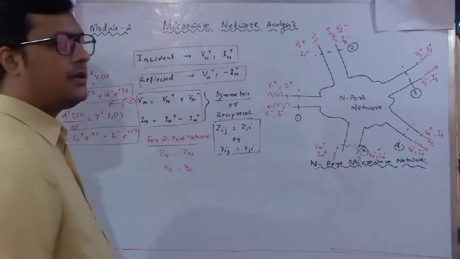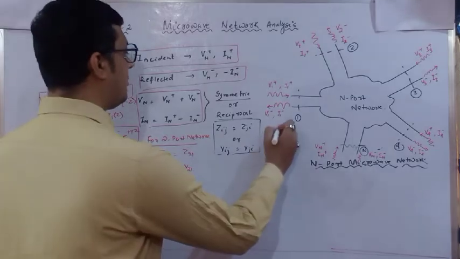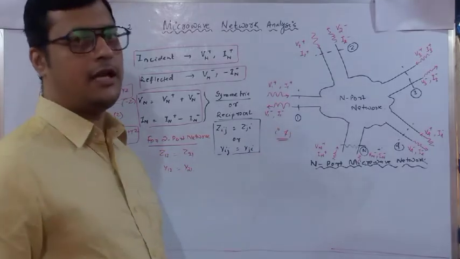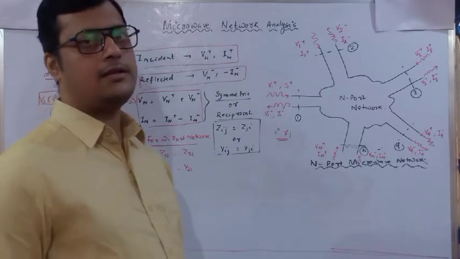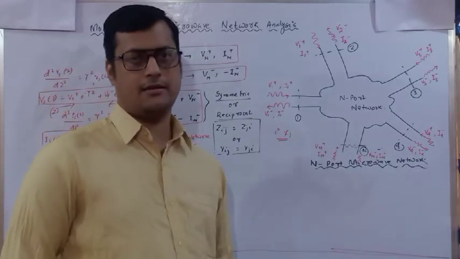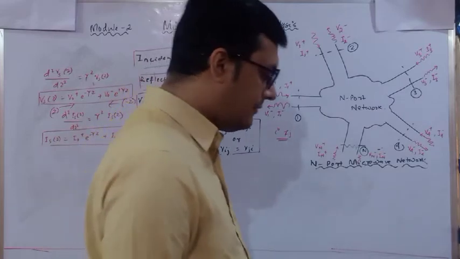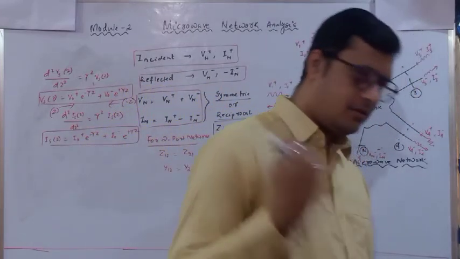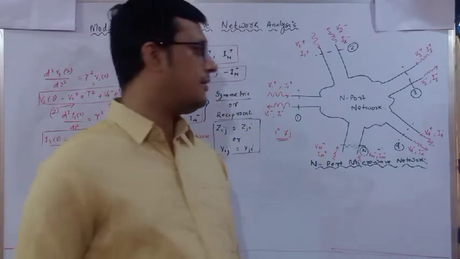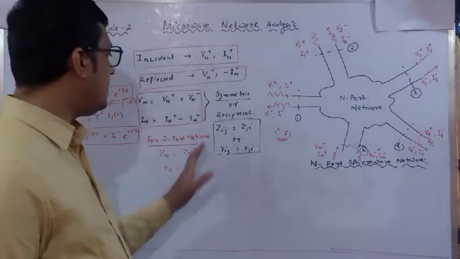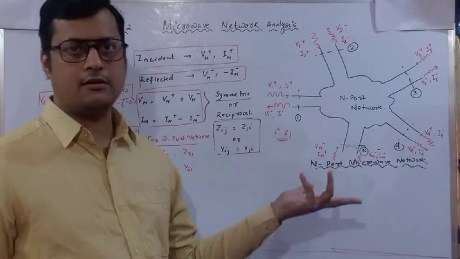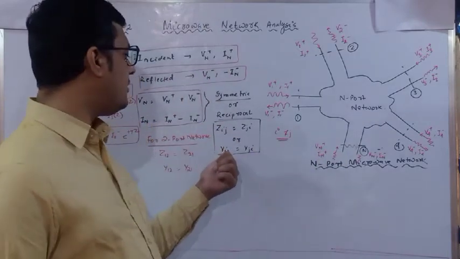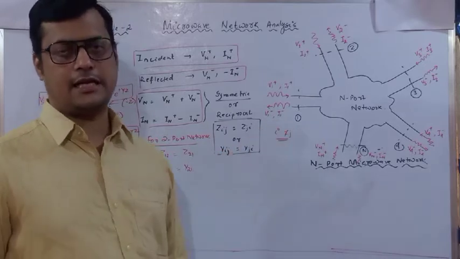So these are equal for i not equal to j. If i equals j, then Z11 = Z22 we will get. So this is called our reciprocal network, and it is also called a symmetric condition: Zij = Zji, or you can say Yij = Yji.